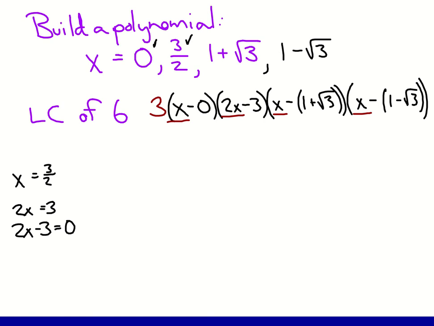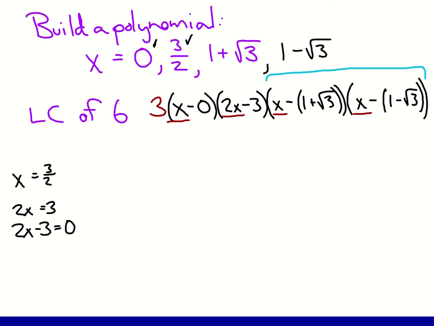Now let's put this in standard form just for the practice. It's a little bit trickier when you've got a two-term root, so we can do this one of two ways. We can do a FOIL in a FOIL, which works, but it's a little bit tricky.